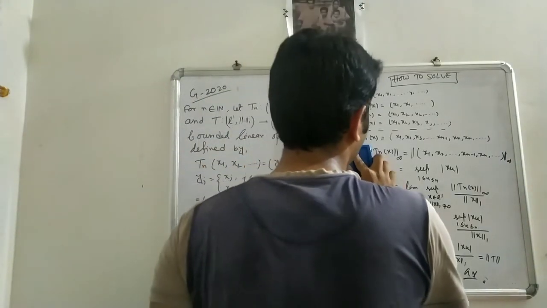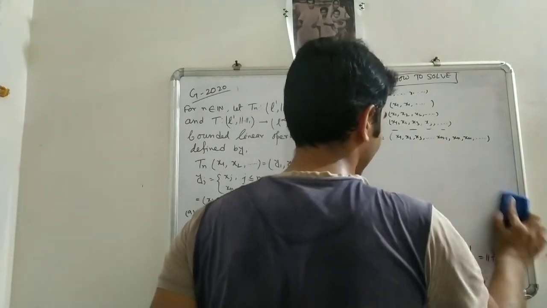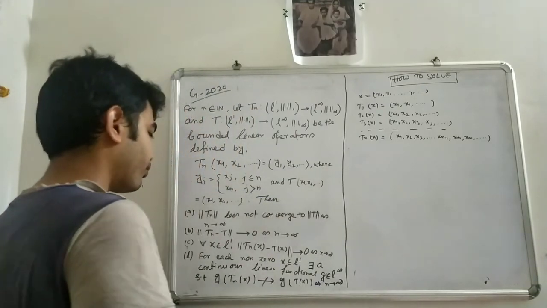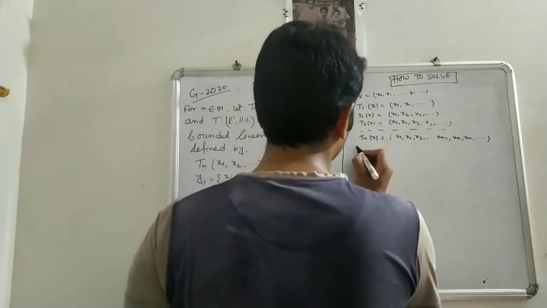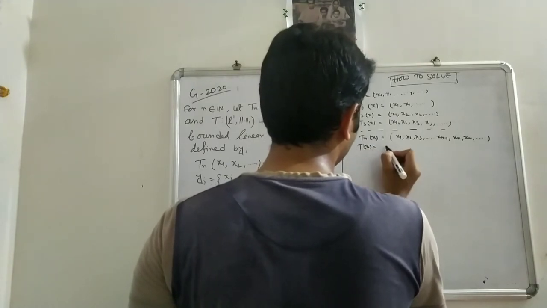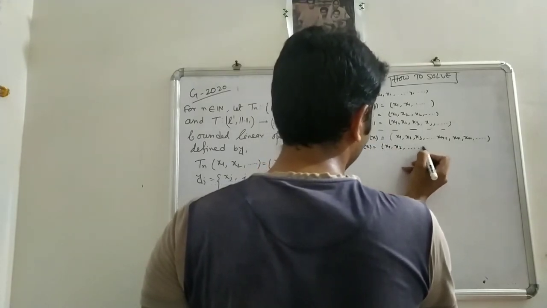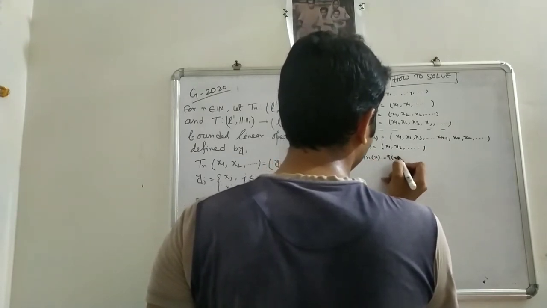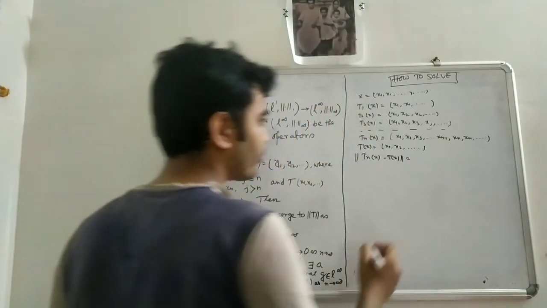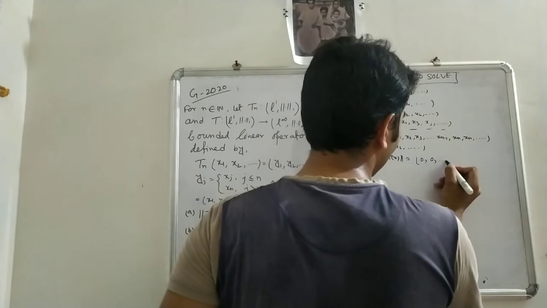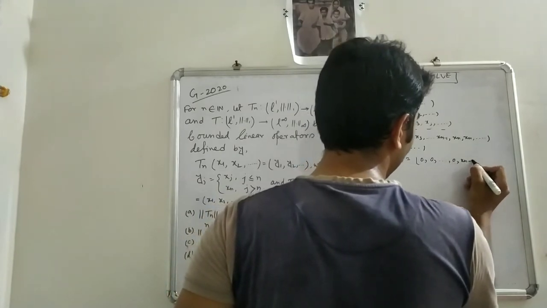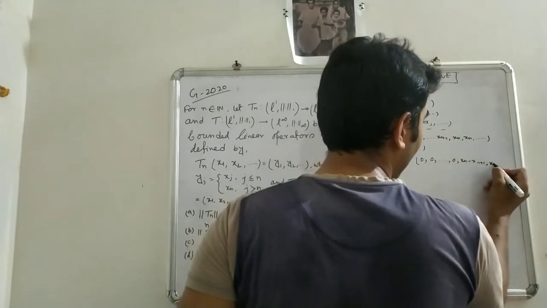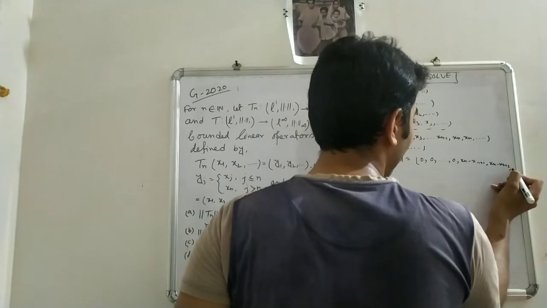Now what is our Tx? Tx is x1, x2 and so on. So the norm of Tnx minus Tx is equal to 0, 0, 0, xn minus xn, xn plus 1 minus xn, xn plus 2 and so on.